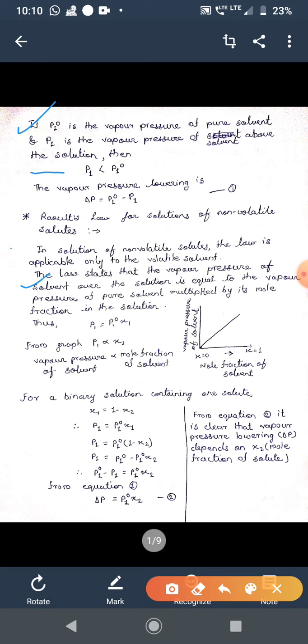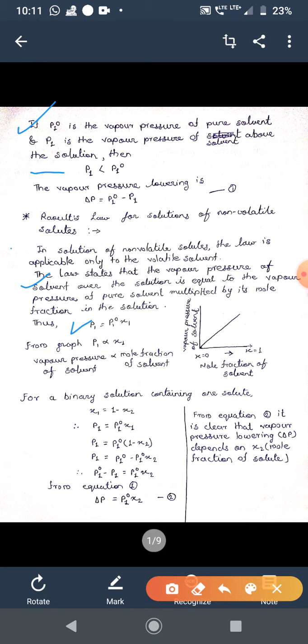The law states that the vapor pressure of the solvent over the solution is equal to the vapor pressure of pure solvent multiplied by its mole fraction, and the equation for this is P1 is equal to P1 naught into x1, where P1 is the vapor pressure of the solvent in solution, P1 naught is the vapor pressure of the solvent in pure form, and x1 is the mole fraction of the solvent in solution.